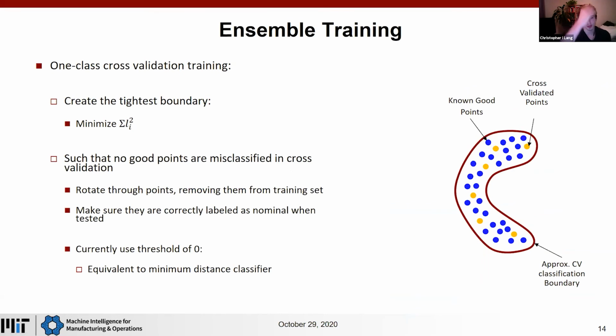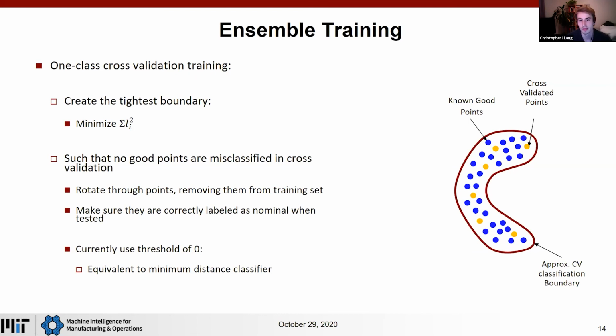But we don't have the luxury of having examples of both good and bad data to train our model on. So what we need to do is train our model only with known good data. I ended up choosing this one-class cross-validation training technique, where what we want to do is create the tightest boundary possible.